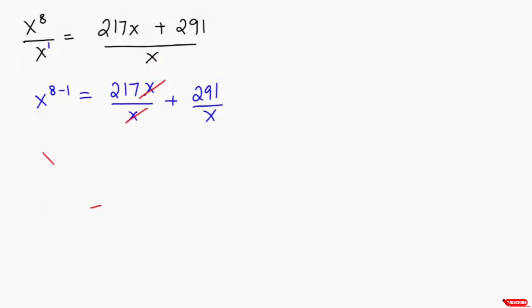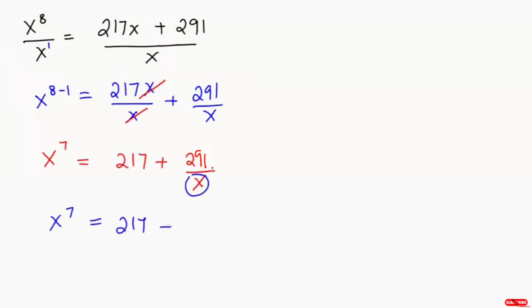So the next expression we'll get x to the power of 7 is equals to 217 plus 291 over x. And this I'm going to separate, so I'm going to write x to the power of 7 is equals to 217 plus 291 times 1 over x.